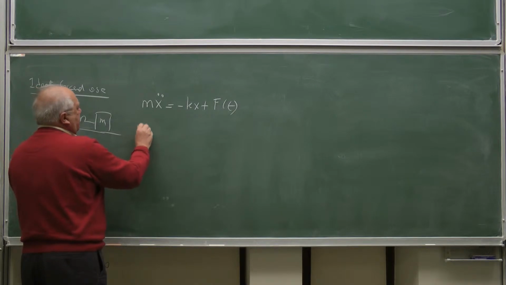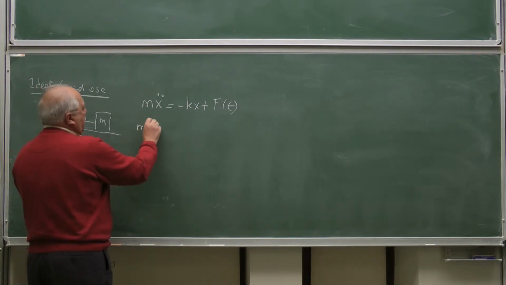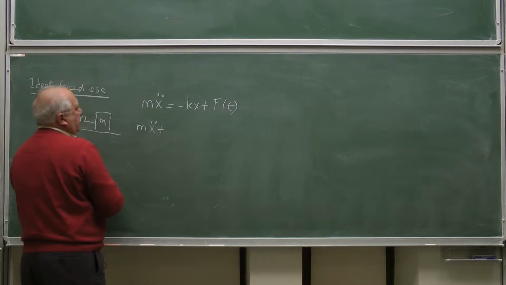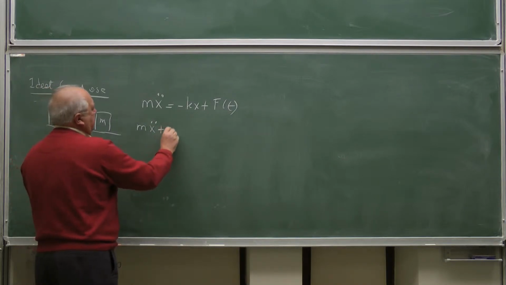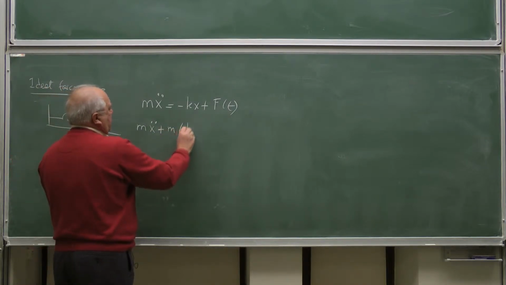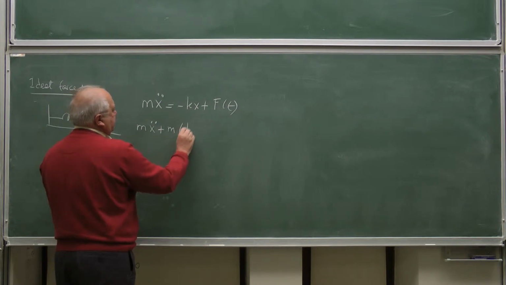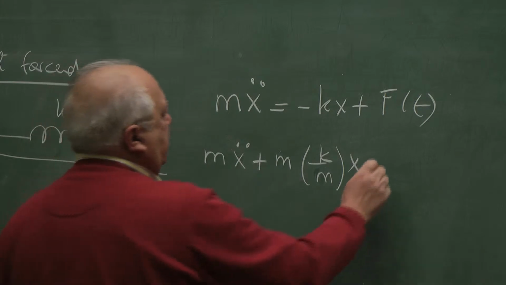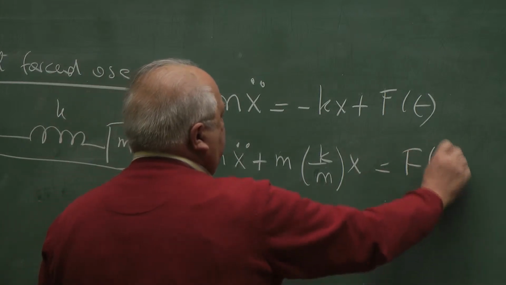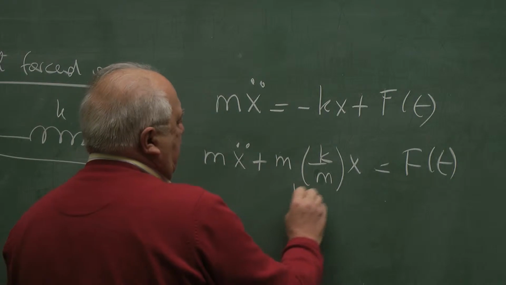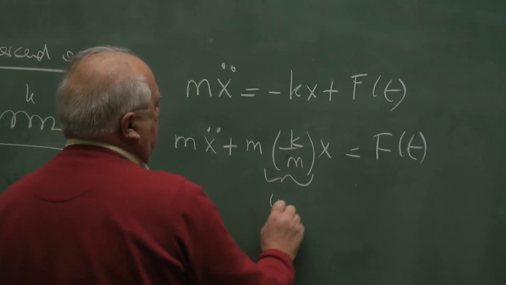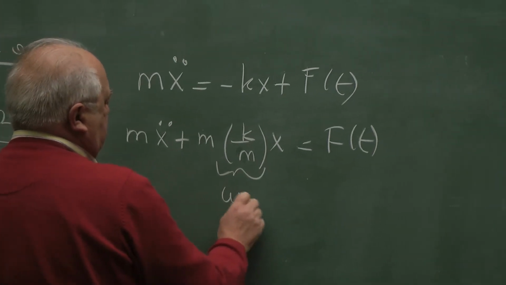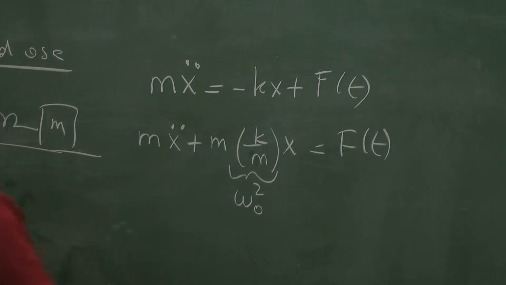So m x double dot plus, again, m k over m x is equal to f of t, and k over m is, let's call it, omega 0 square.